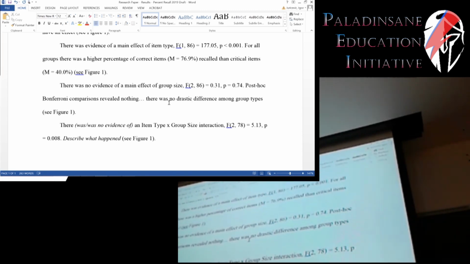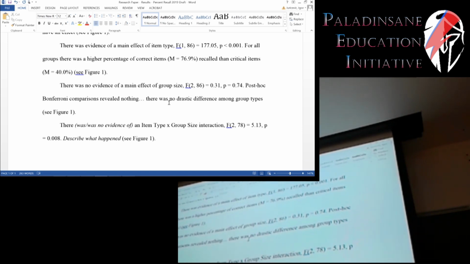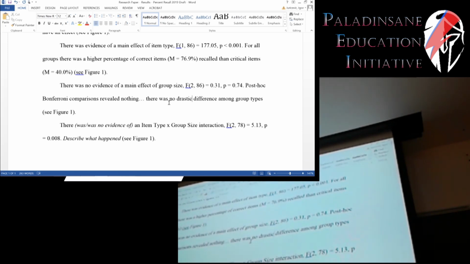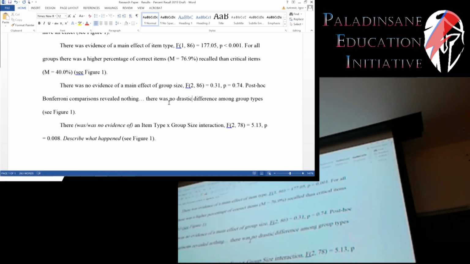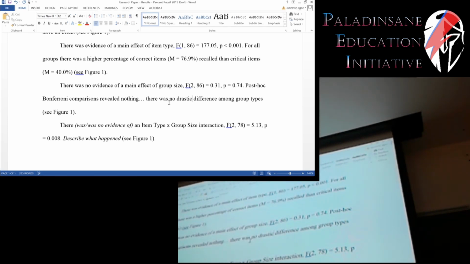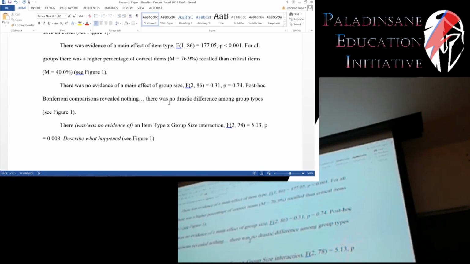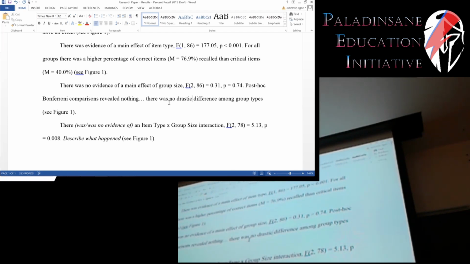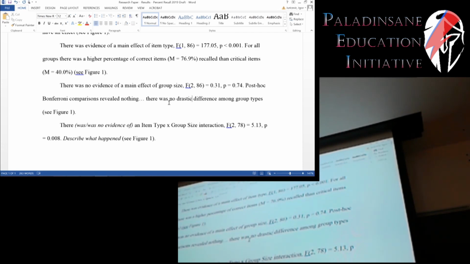Number one, there's no evidence of a main effect of group size. What that means is that the groups, the conditions, the group sizes were not different. Again, there was no evidence that they were any different. All right, take out drastic. So the reader should be able to infer from that the group sizes, their scores were all the same, right?